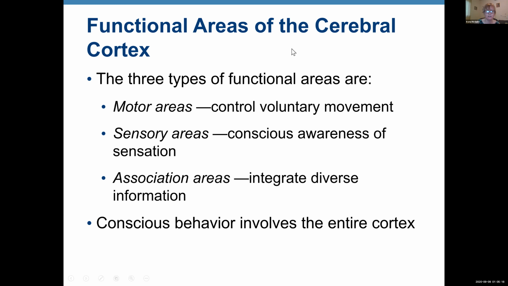When we're looking at the cerebral cortex, we can divide it into three major functional areas: motor area, sensory area, and association area. Of course, conscious behavior involves the entire cortex. The motor area controls your voluntary movements.